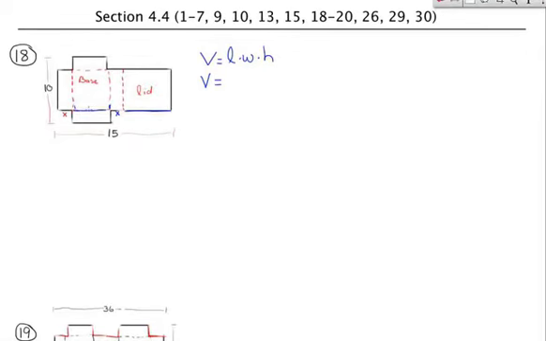So if this is what we're going to call L, and this is L, then we could write 2L plus 2x equals 15. Or in other words, 2L equals 15 minus 2x. And then we divide by 2 and I get 15 halves minus x. So that's your length.